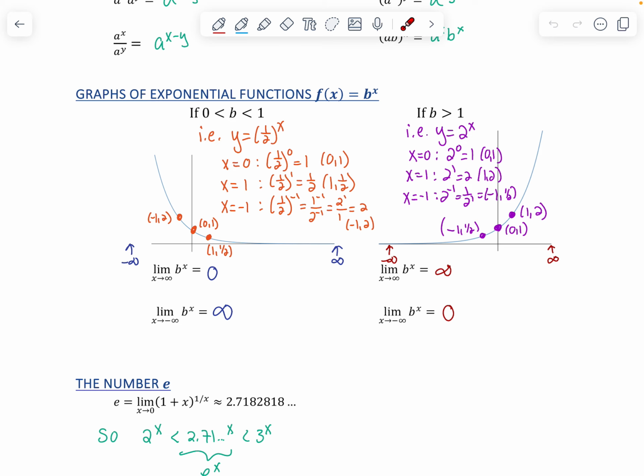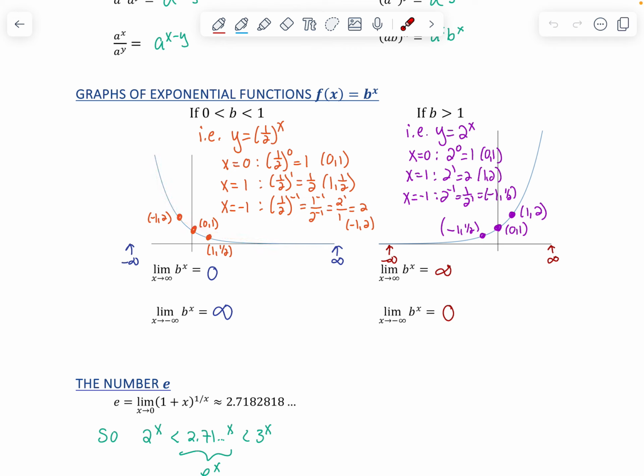But that doesn't necessarily mean that we can't have exponential growth and decay. So we know that b has got to be above 0. It's got to be positive. But what if it's a proper fraction, such as b equals 1/2? I went ahead and did the math to show you 3 points on this curve.